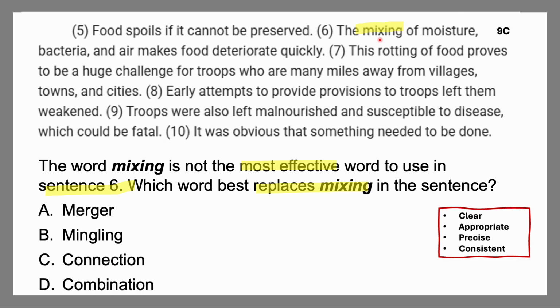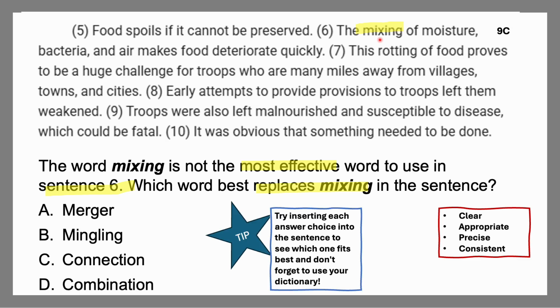It's going to give you some more insight. I can't pull it up in this PowerPoint here, but you will be able to when you are in your test. Also consider the tip, try inserting each answer choice into the sentence to see which one fits best, and don't forget to use that dictionary. And so I'm just being really repetitive about that dictionary because that is an underused tool that many students can forget about and will miss some questions that could be very easily won.